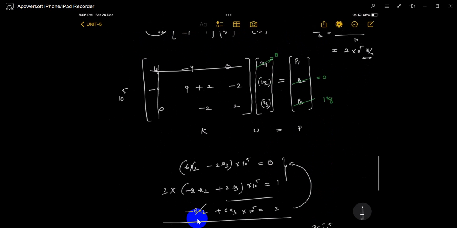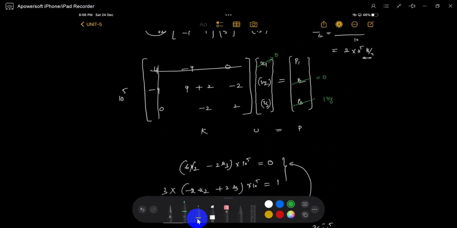Now comes to the p1. What is that p1 value? You can just check the first equation, 4 into u1 minus 4 into u2, and 0 into u3.